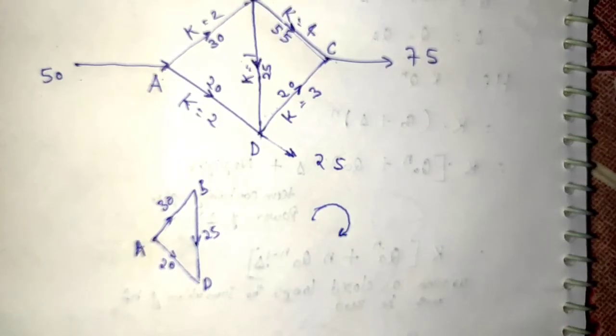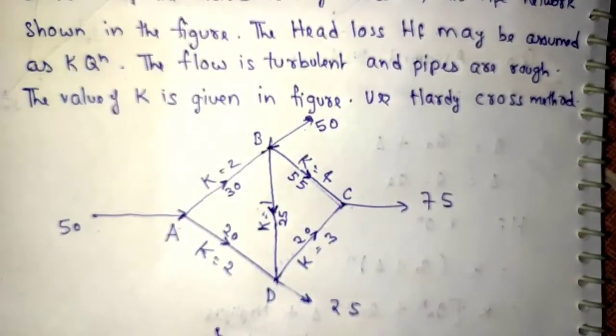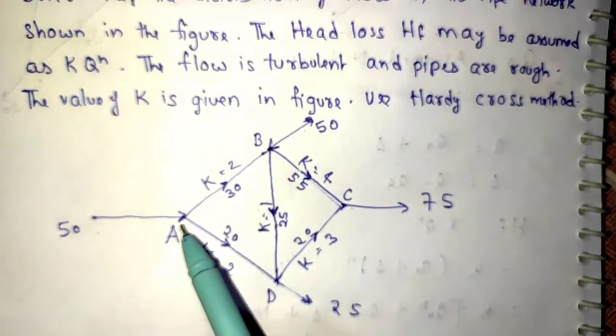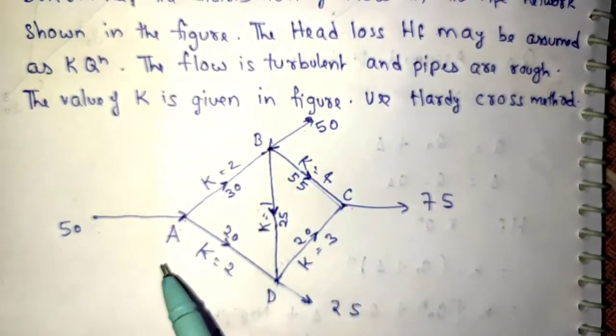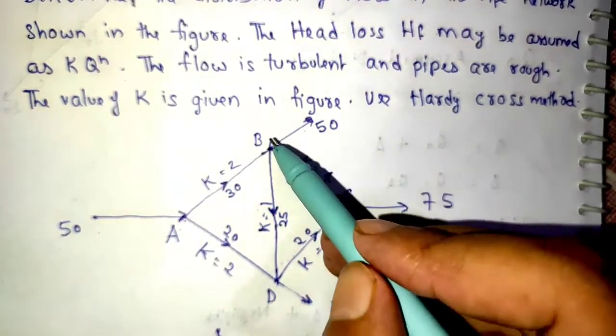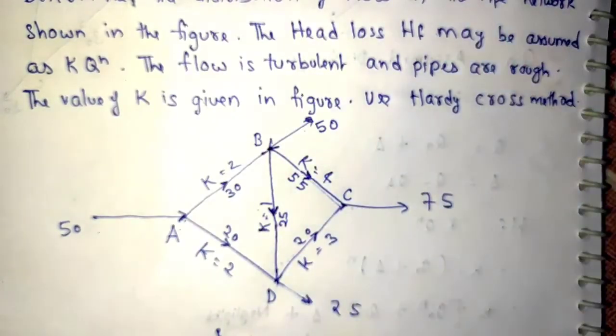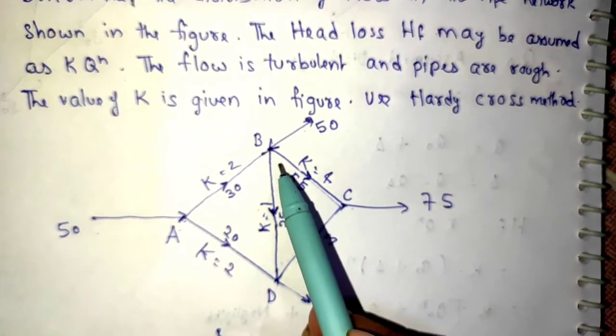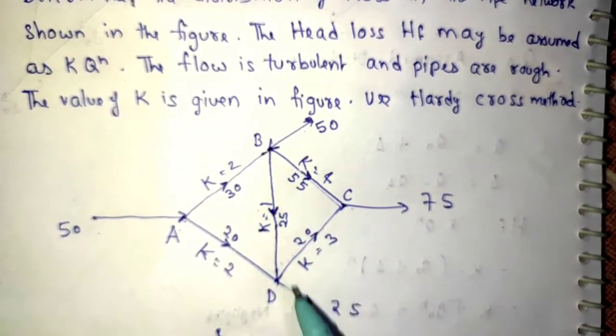So you have to carefully see in this figure, when we consider the loop ABDA, AB is clockwise. BD is clockwise, right? And DA is anti-clockwise, right? So AB is positive, and BD is positive, but DA is negative, right?